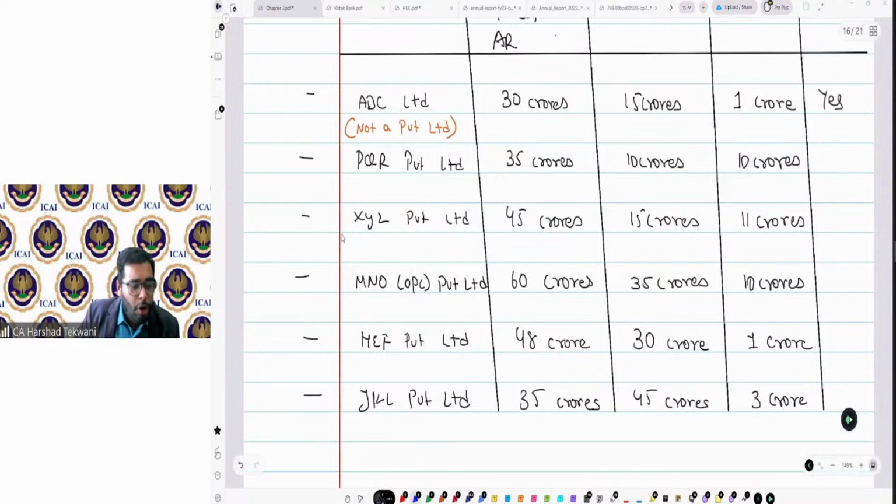So it's not an OPC. What is the condition for small company? Come on, quickly. Section 285 of the Companies Act. What are the conditions of small company?